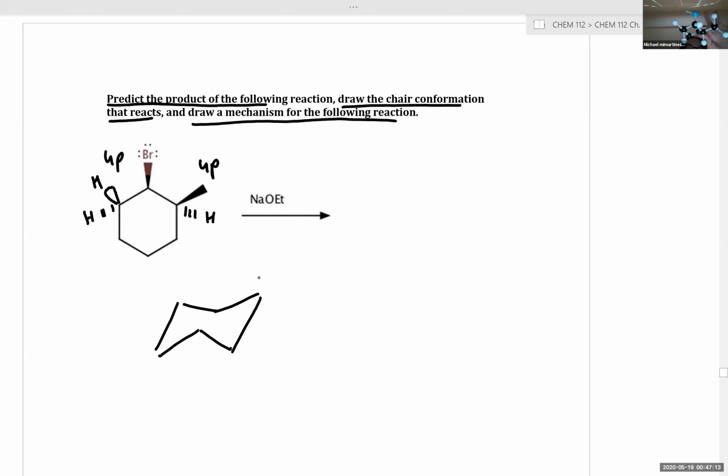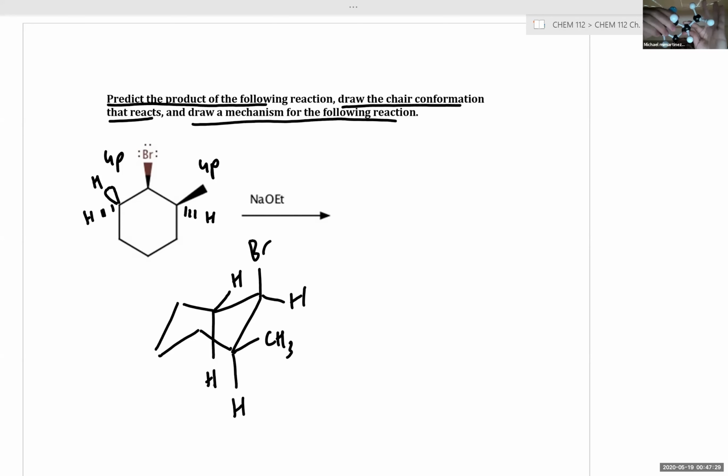So first, here's our lowest energy chair conformation. I'm only drawing the relevant hydrogens. If we wanted to ring flip this compound, we get the following arrangement.